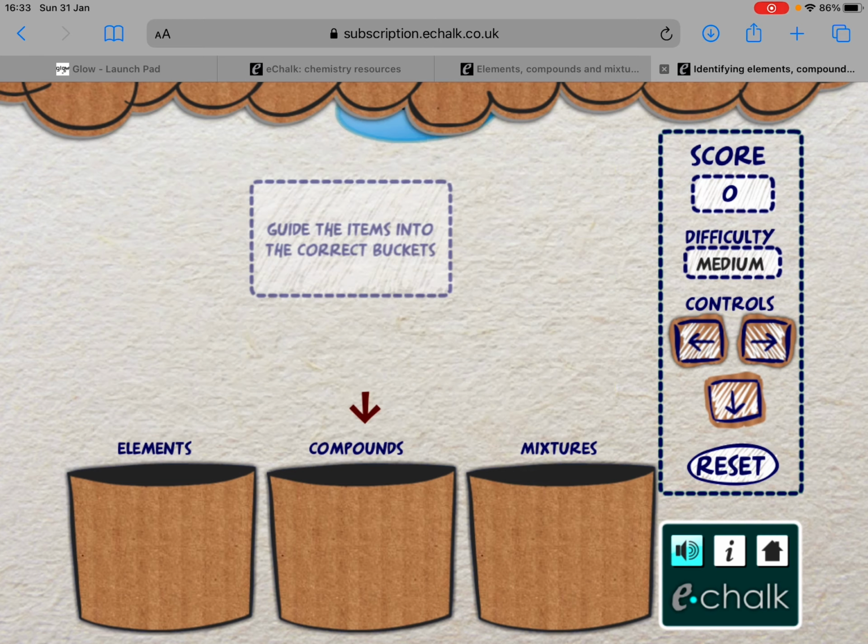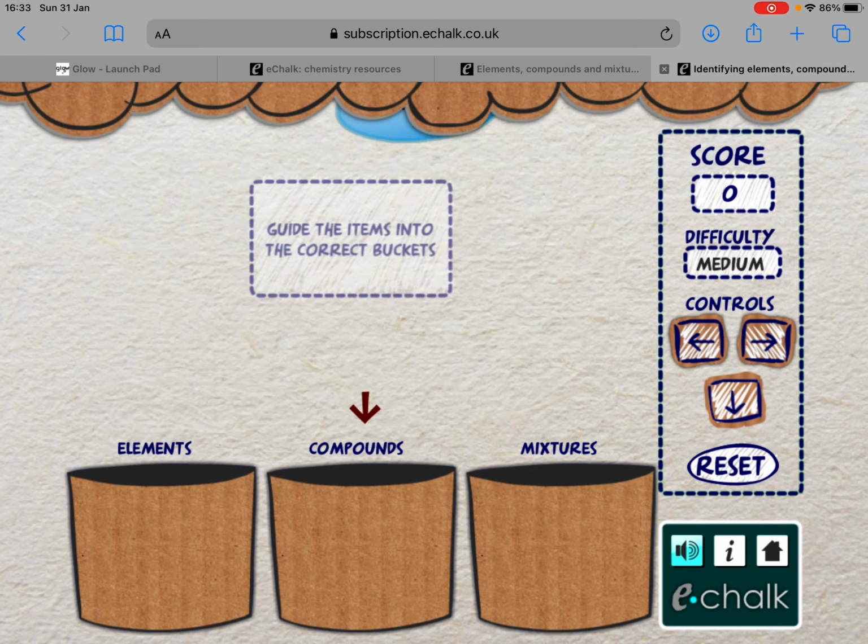Blood is a mixture. Methane is a compound. That's quite a tricky one. Sulfur is an element. Nitrogen is an element. Soil is a mixture. Ammonia is a compound. And steel is a mixture.